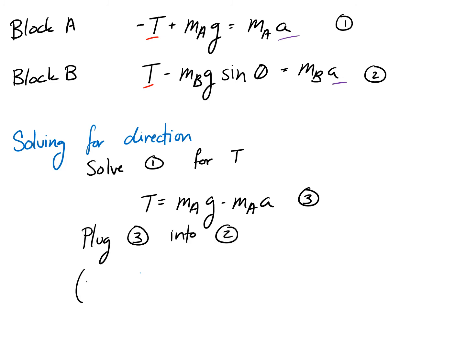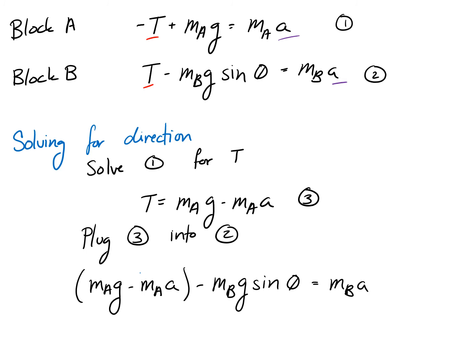So I'm going to replace tension with mass A times G minus mass A times A, minus mass B G sine theta equals MBA. So the only unknown I have now is my acceleration A.